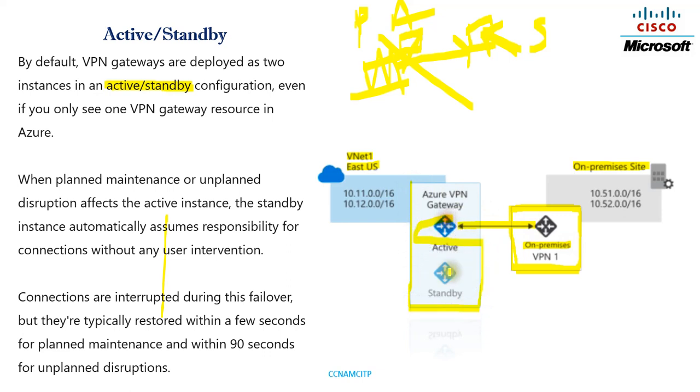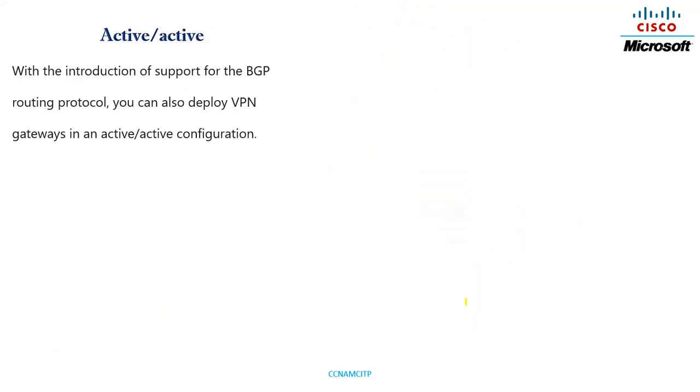This is your Azure VPN gateway, which by default has an active-standby configuration, and these are the IP addresses. Very simple. If the active goes down, the standby device will automatically establish connectivity with your on-premises site. That is all about active-standby VPN. Now let's talk about active-active.